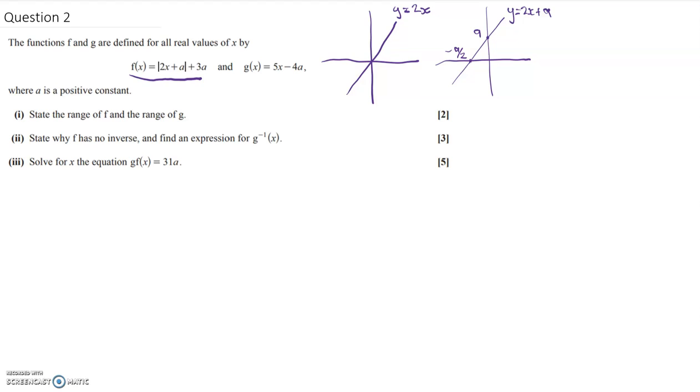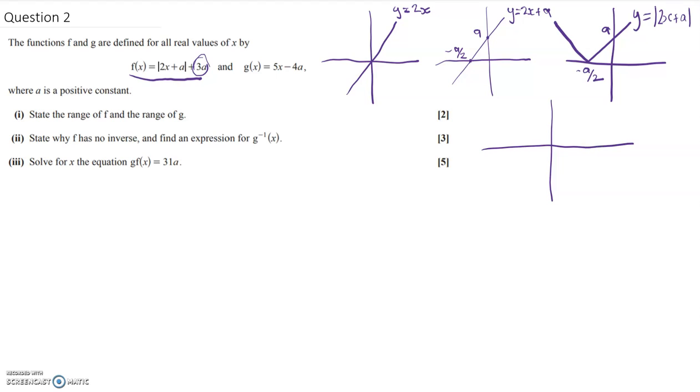Okay, if I now draw y equals mod 2x plus a, what those mod signs mean is that anything in the negative side of the graph I have to reflect upwards. So you get this V-shaped graph, like that. And then finally you've got this plus 3a bit here, which must mean that you've shifted the whole graph up by 3a.